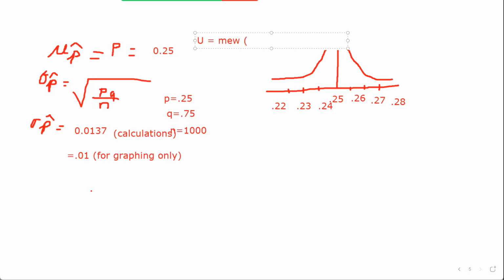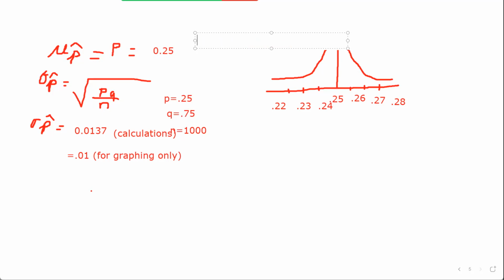A teacher friend of mine used to call it the sick cow letter. It's not moo, it's mew. They're a sick cow, so they're mewing at you. But this is the name of the letter. So that's your distribution.